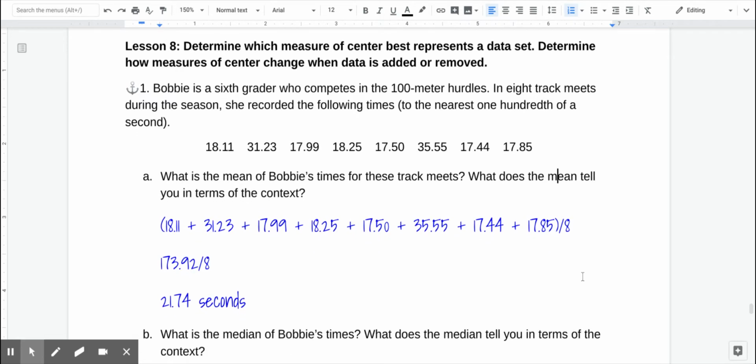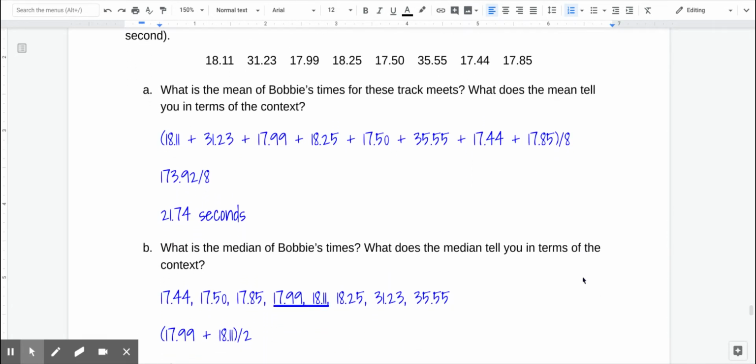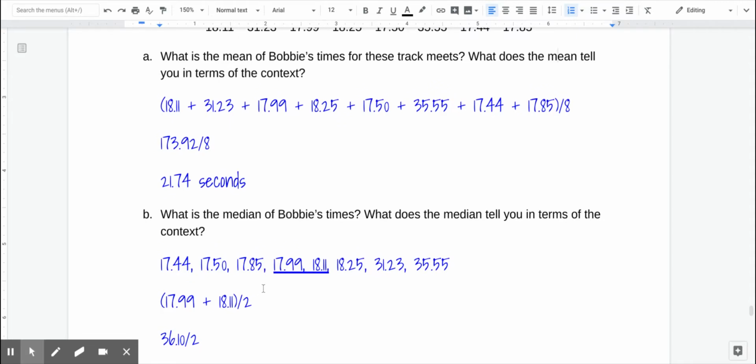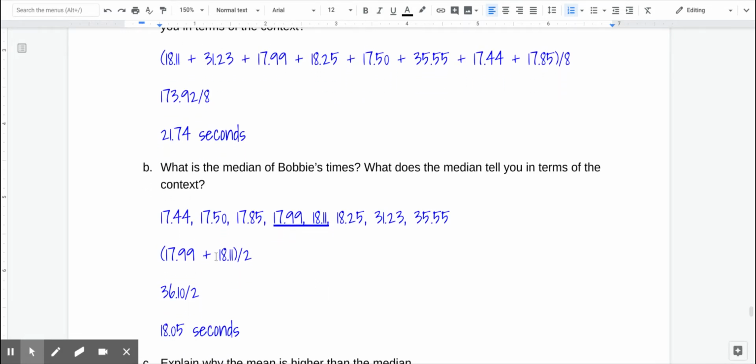So now we're going to take a look at the median of Bobby's times. In this case, I've lined up all of the numbers in order from smallest to largest. I've identified that there are 2 middle numbers, so I found the halfway point between them, and I found that the median was 18 and 500 seconds.